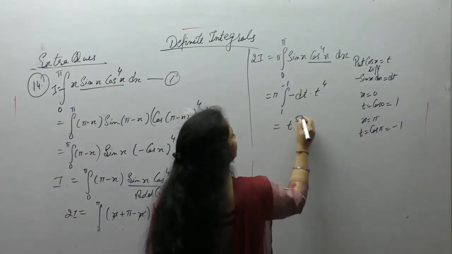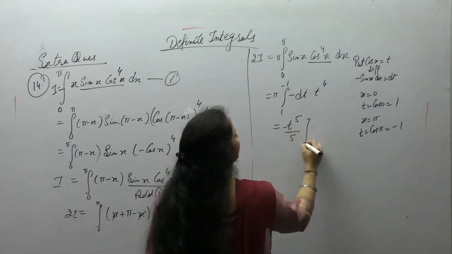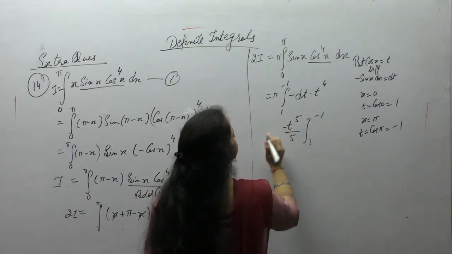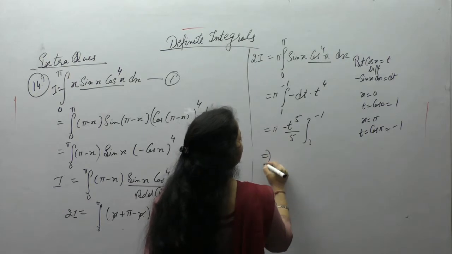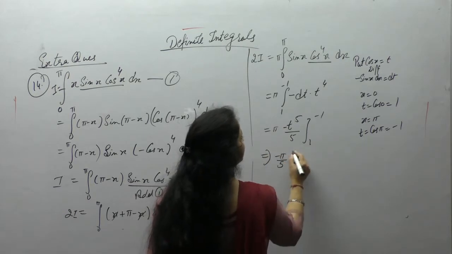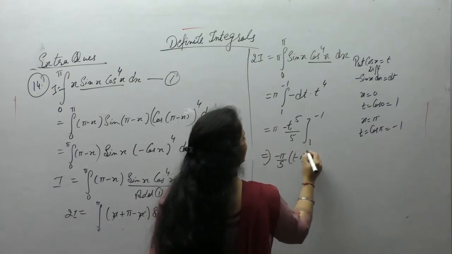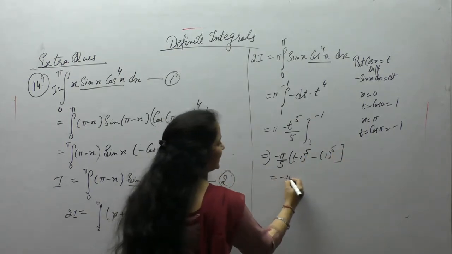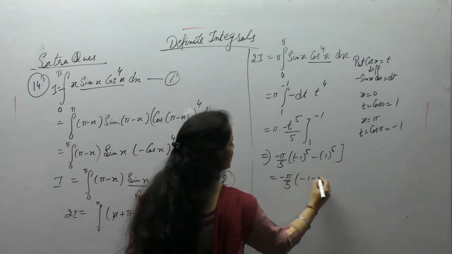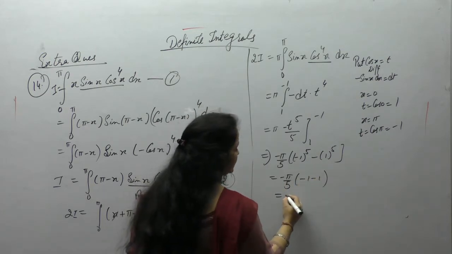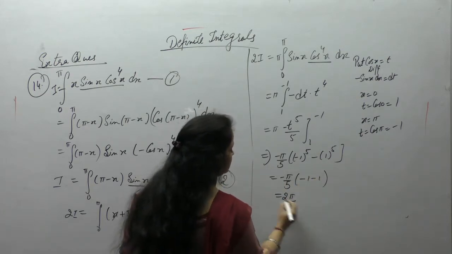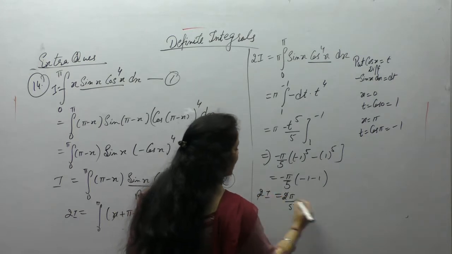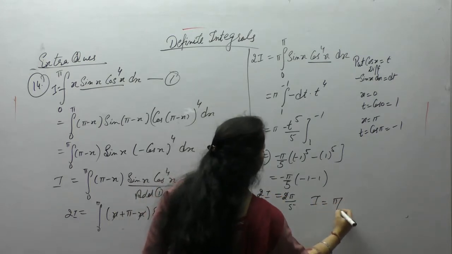Integral of t to the 4 is t to the 5 upon 5. Minus pi by 5, minus 1 power 5 and 1 power 5. Minus pi by 5 into minus 2. So I is pi by 5.